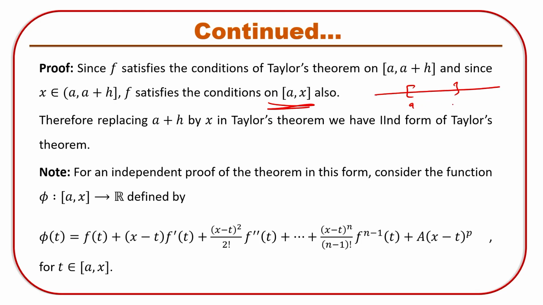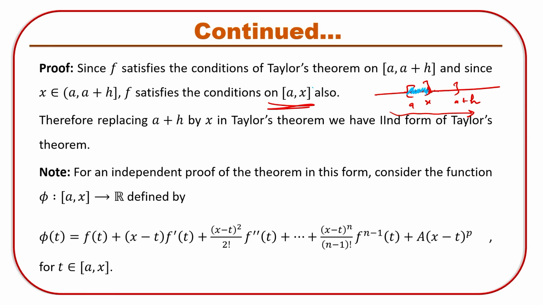You had already encountered that a to a plus h, x lies somewhere here. So, let us say x is lying here. That means in the whole interval Taylor's theorem is satisfied. So, Taylor's theorem is also satisfied on this closed interval a to x.